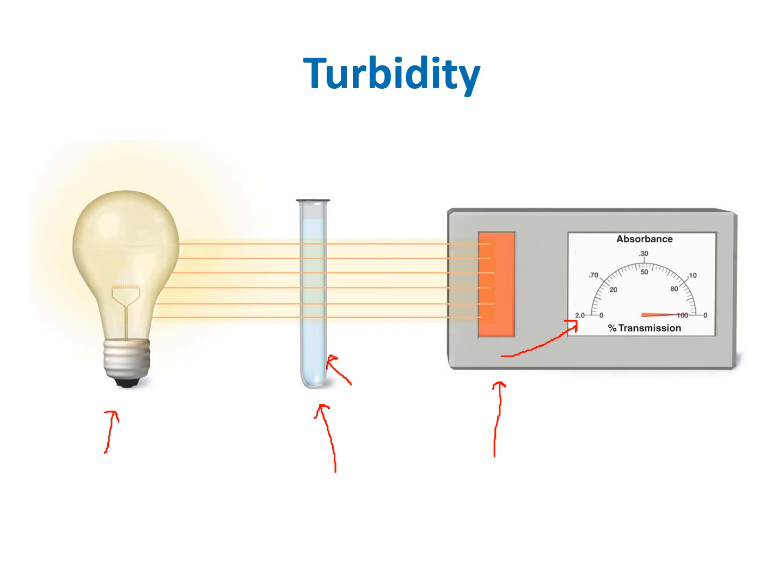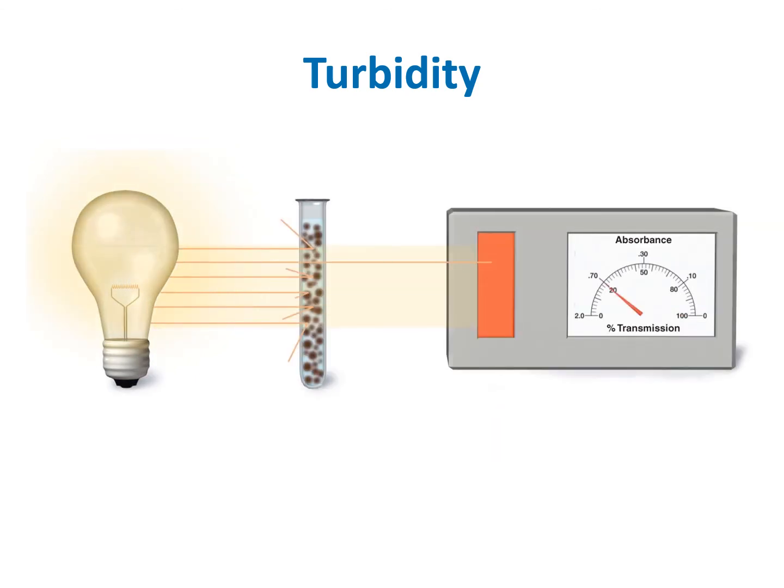In this example that you're looking at on this figure, we have a clear medium. So all of the light is passing through the specimen, it's reaching the detector, and so we see that 100% transmission of light is occurring and that there's 0 optical density units being absorbed.